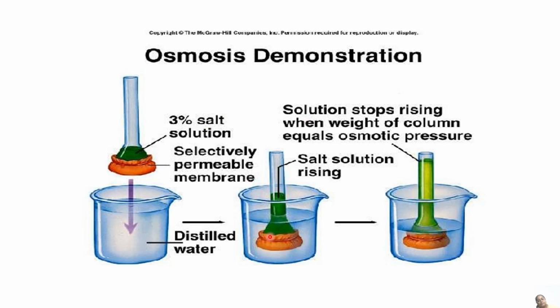Since the solute concentration is high on the salt side, distilled water will start moving in through the selectively permeable membrane, and the level of the salt solution will start rising. The solution will stop rising when the weight of the column equals the osmotic pressure.